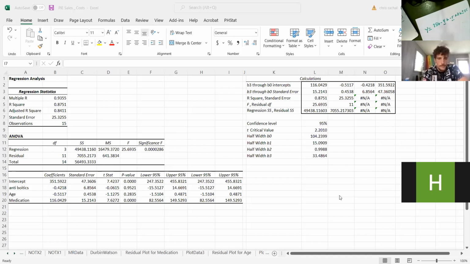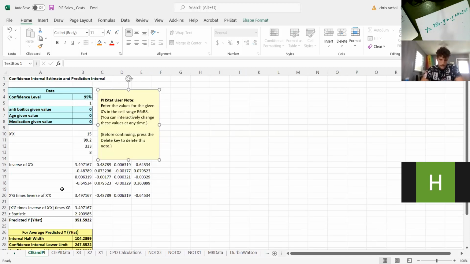So now let's start breaking it down step by step. Okay, now that we see this, we can solve this. So I'm going to show you a few other things in here. We can use this tool to put in the value for the antibiotics, if they get medication, and how long the stay would be.